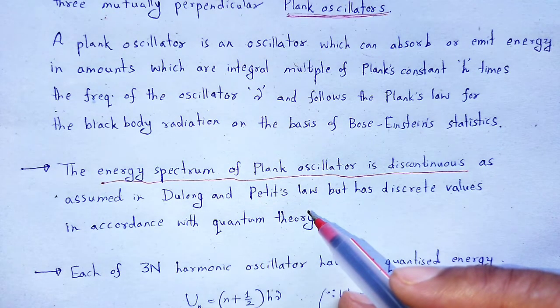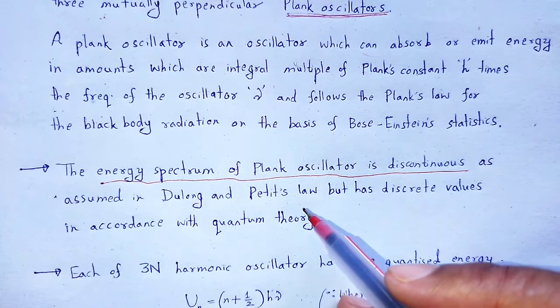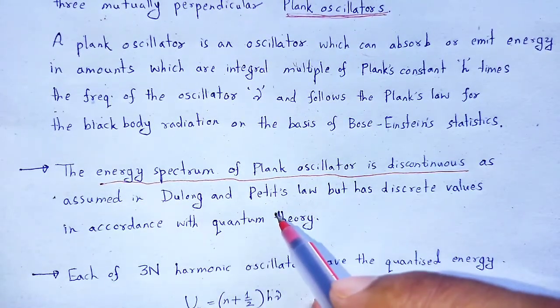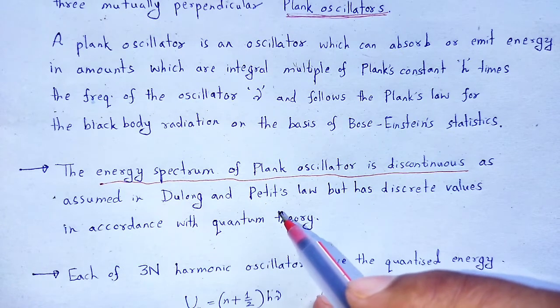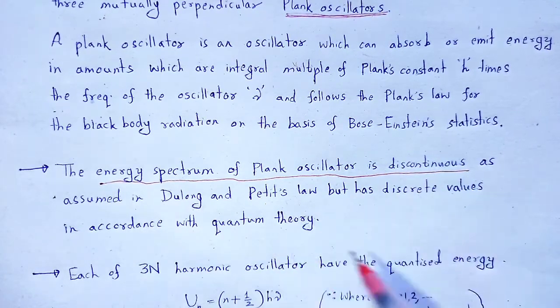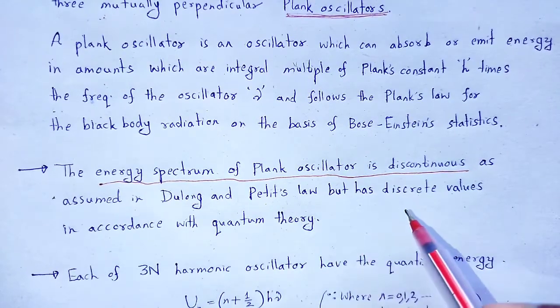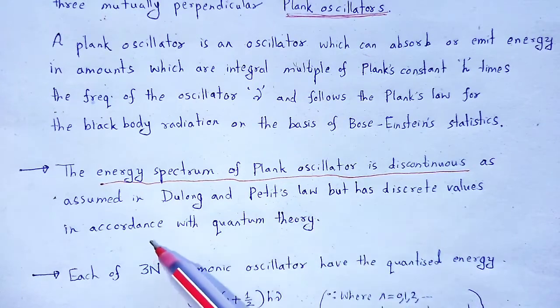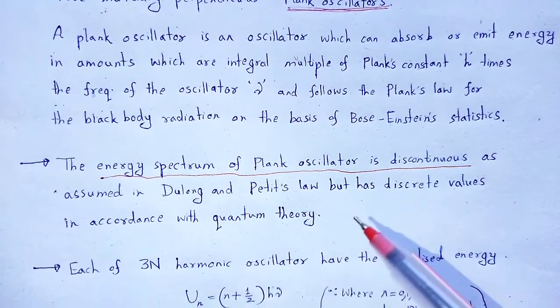Therefore, when calculating the total energy there, we just integrate. But here, when calculating the total energy, instead of integration we use summation, as the energy spectrum is discontinuous but has discrete values in accordance with quantum theory.